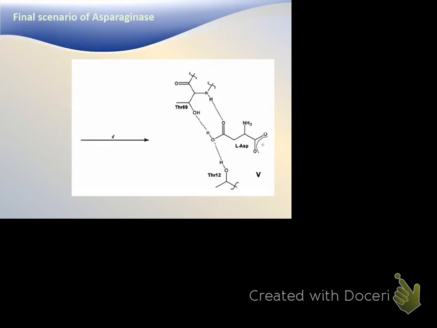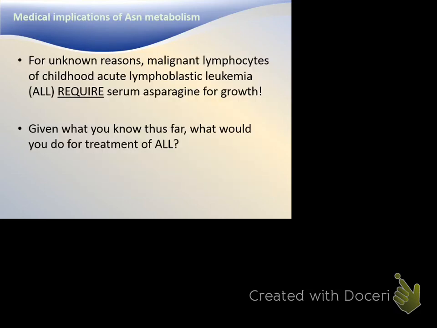All right, and so this was the final scenario. I had just blown it up. All right, so asparagine metabolism actually has biomedical implications. Just like with many of these things, we've talked in the past about phenylalanine. We'll talk some about tyrosine, and in some of our other classes we've already talked about tyrosine and tryptophan.